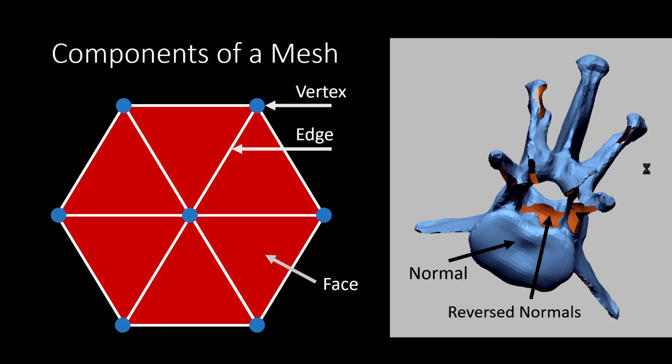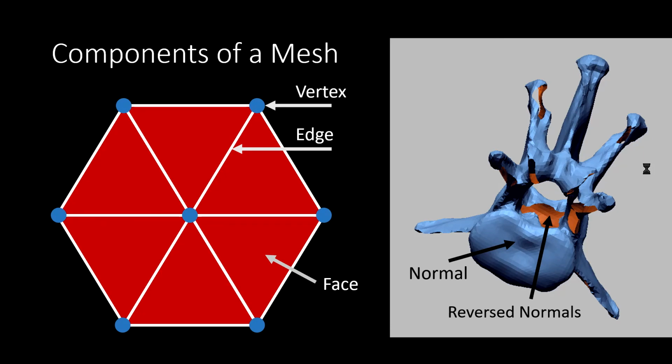So the image I have here can give you an idea of what it looks like, since it's kind of a hard concept to see directly. This was taken in Geomagic, and this is a surface scan of a lumbar vertebra that still has some holes in it because it's very difficult to get all the points of the lumbar when doing the full scan.